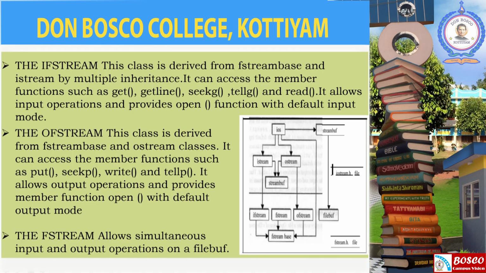Next is the ifstream class. The ifstream class is derived from two base classes, that is fstreambase and istream. Here multiple inheritance occurs because the ifstream is derived from two base classes, and the ifstream can access the member functions get(), getline(), seekg(), tellg() and read() functions.